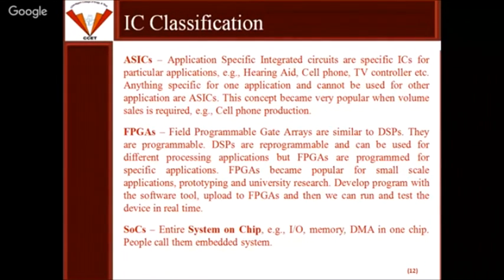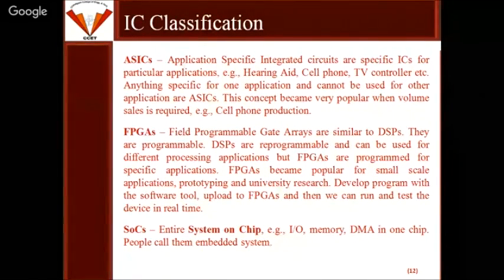We cannot use microprocessors to perform that small application, because the cost will be higher, and we would have unutilized sections of the microprocessors and microcontroller. There are many examples like hearing aids, cell phones, TV controllers, etc. They are using ASICs. Anything specific to one application cannot be used for another application, and those are ASICs.